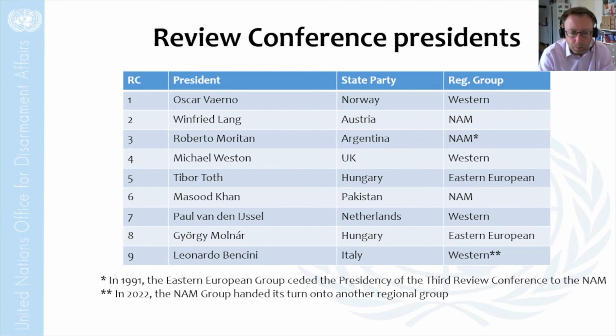And as many of you will be aware, much more recently this year, in fact, the 9th review conference should have been presided over by the NAM group, but earlier this year the NAM group handed its turn on to another interested regional group. Following some discussions and consultations, that regional group is the Western group, and as I mentioned earlier, Ambassador Bencini from Italy is the president designate of the upcoming 9th review conference.